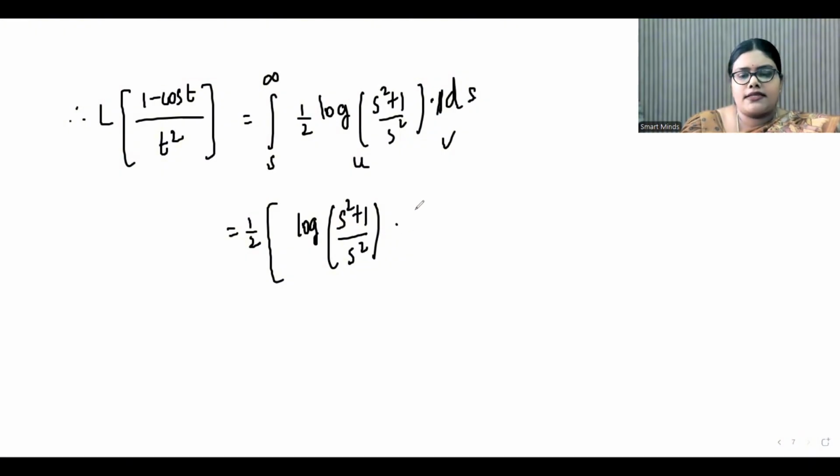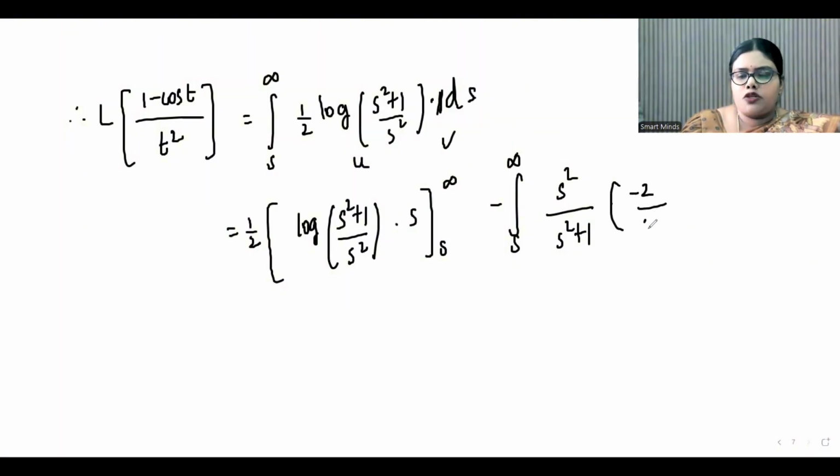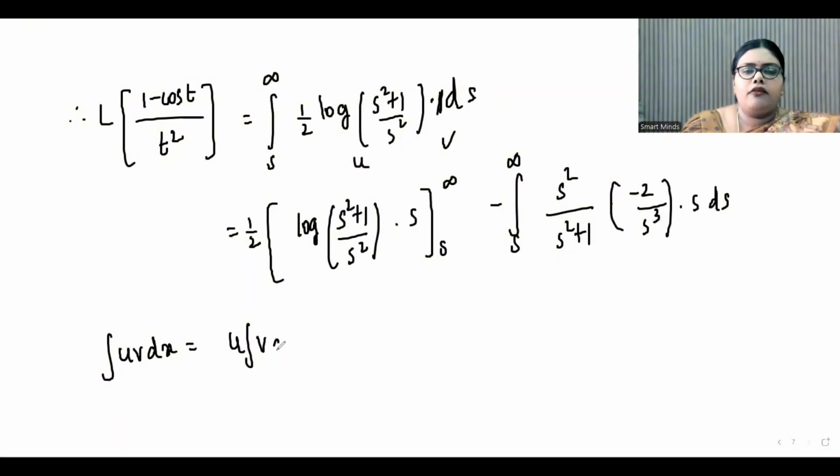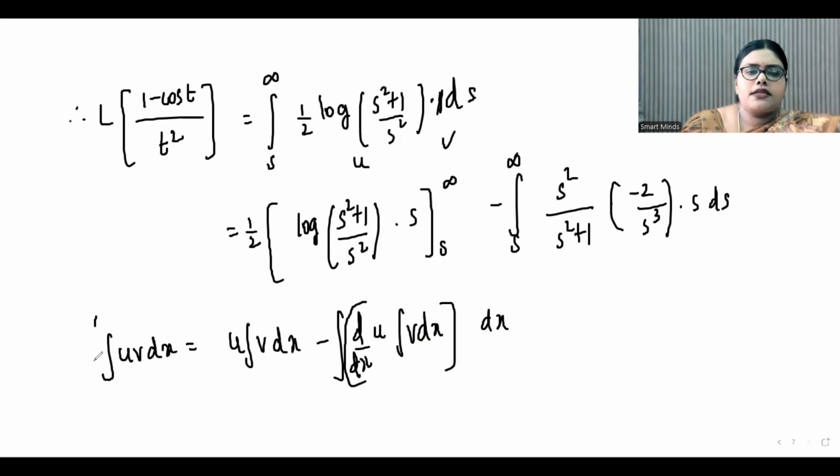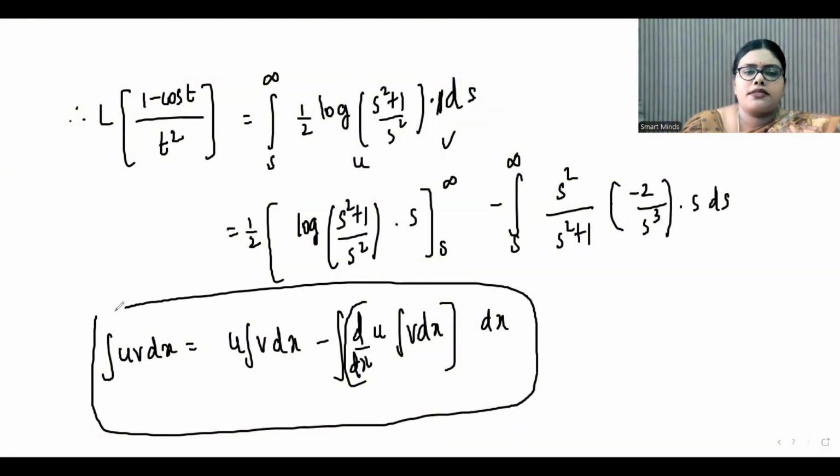Derivative of V is s, minus integral s to infinity s square by s square plus 1 into minus 2 by s cube into s. Once again I will write UV rule formula. Integral UV dx is U integral V dx minus whole integral d by dx of U integral V dx, whole dx. This is UV rule, integration by parts.